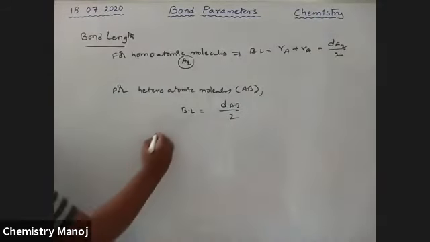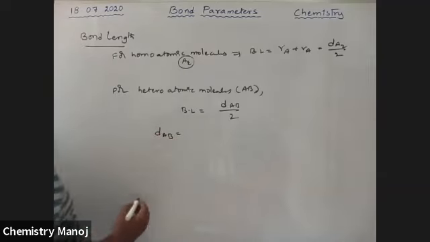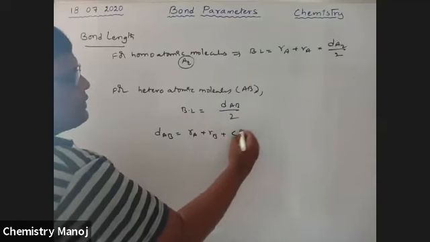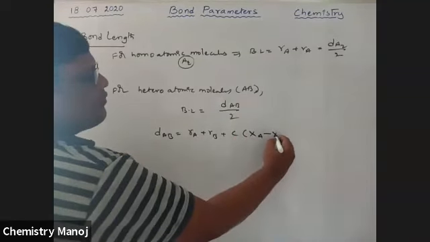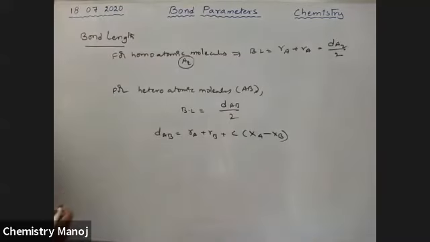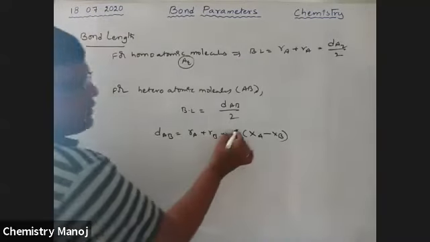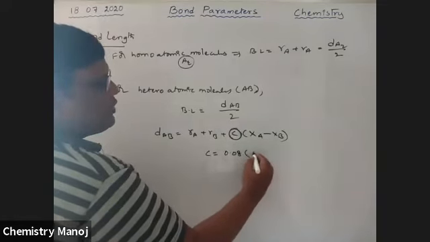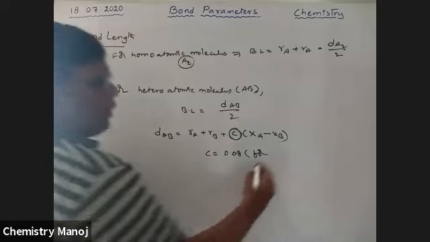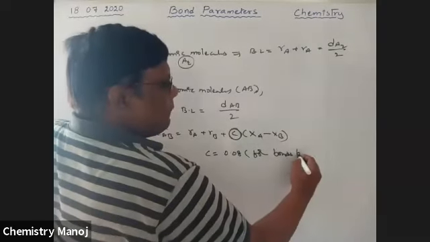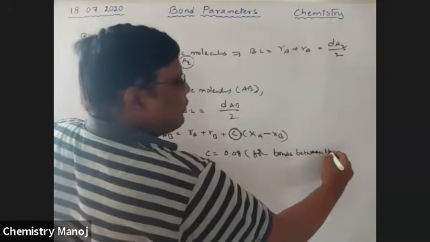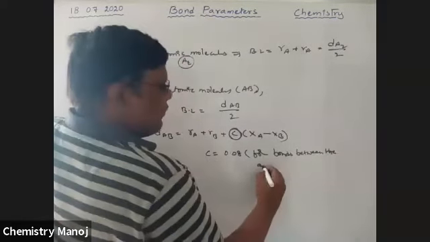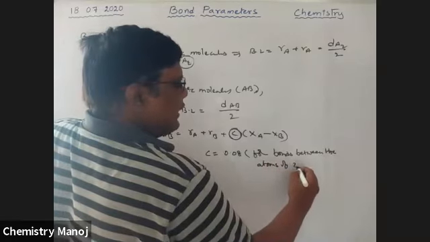So diameter of AB is calculated by using the formula: radius of A plus radius of B plus C into difference of electronegativity. This C value is equal to 0.08 for bonds between atoms of the second period.